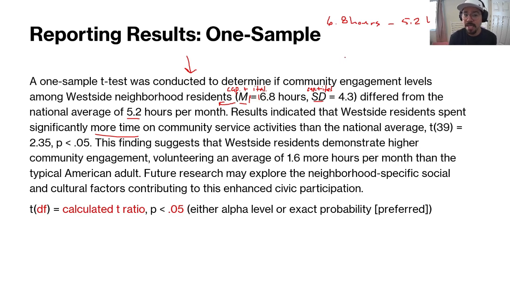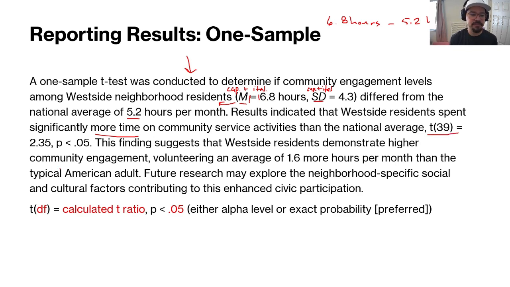It's because we calculated a difference. If this were less than 5.2, let's say our West Side residents only did community service for 3 hours when compared to a national average of 5.2, we would identify that it was maybe significantly less time if we got to the end and still rejected the null hypothesis. So this more time isn't just arbitrary, it's according to whatever the results of your test are.